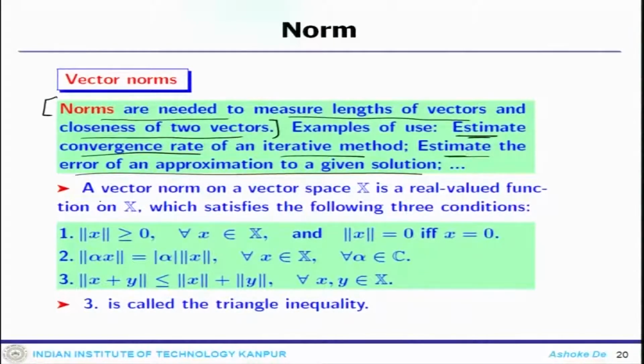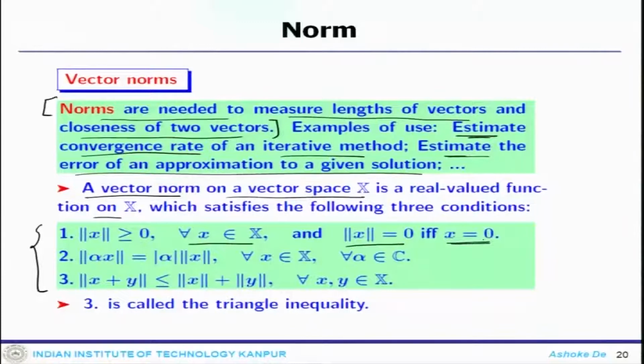Now, the second important point is that a vector norm on a vector space X is a real valued function on X which satisfies these three conditions. Number 1, the magnitude must be greater than or equal to 0 for all x belonging to that vector space, and the magnitude would be 0 if and only if the vector is 0.